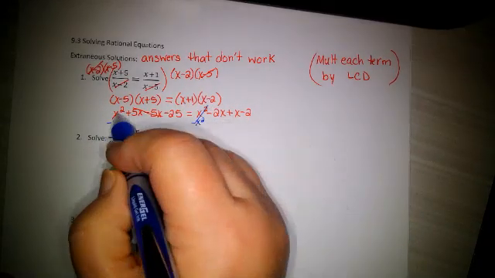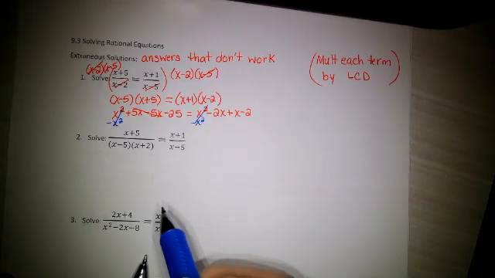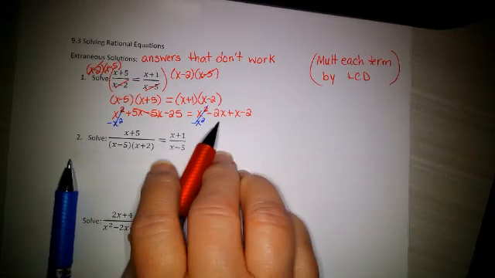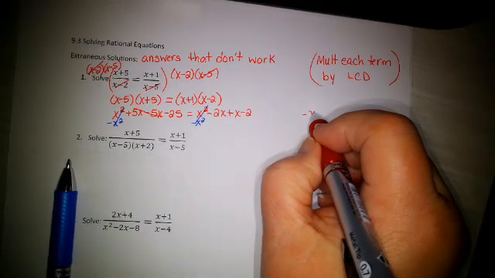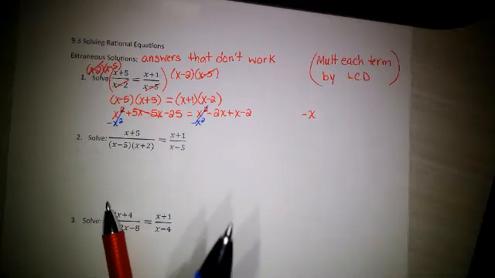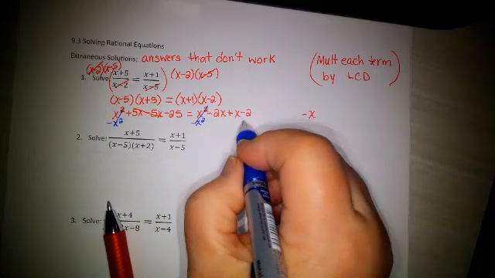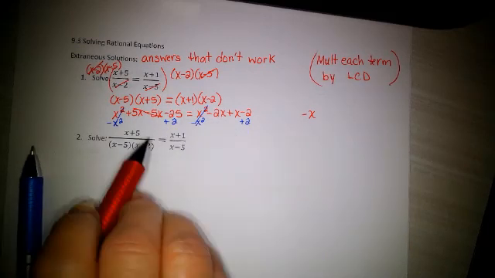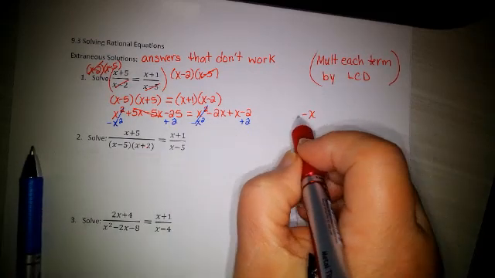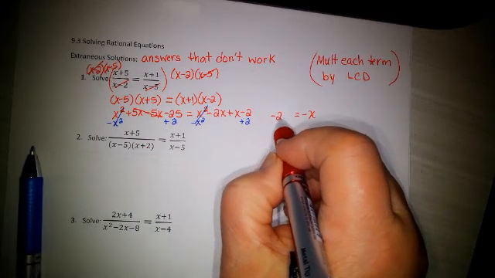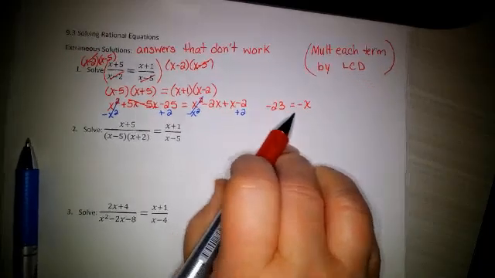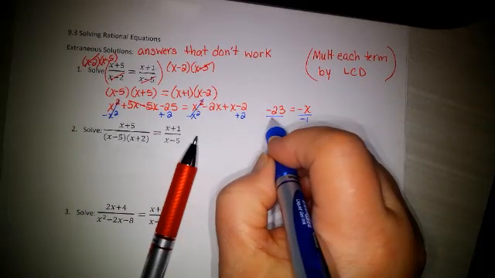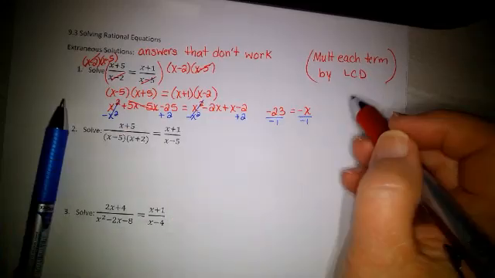The x squareds cancel. Yay! Now, over on the right-hand side, I've got negative 2x plus x. I combine that to get negative x. And this minus 2, I'm going to add to both sides. And negative 25 plus 2 is negative 23. So if negative 23 equals negative x, we just divide by negative 1 and get x is 23.